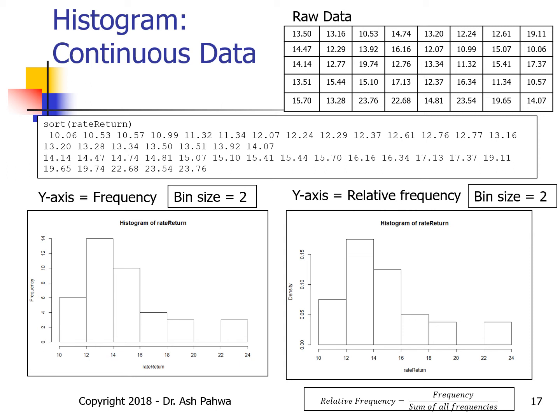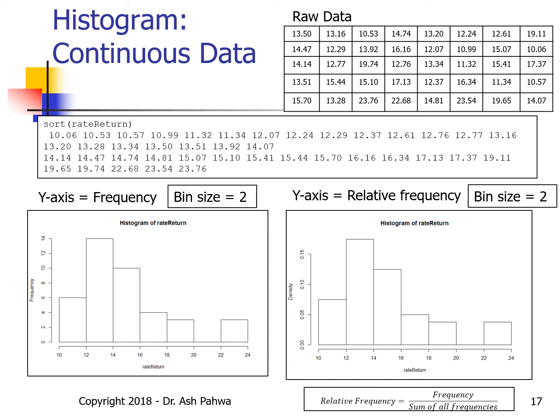So, now we can plot this histogram which will display these values. Similarly, we can count the number of values between 12 and 14, between 14 and 16, between 16 and 18, and so on for this histogram. Remember, our bin size is 2. Of course, if we change the bin size, the shape of the histogram is going to change, and we will see that in the next slide.